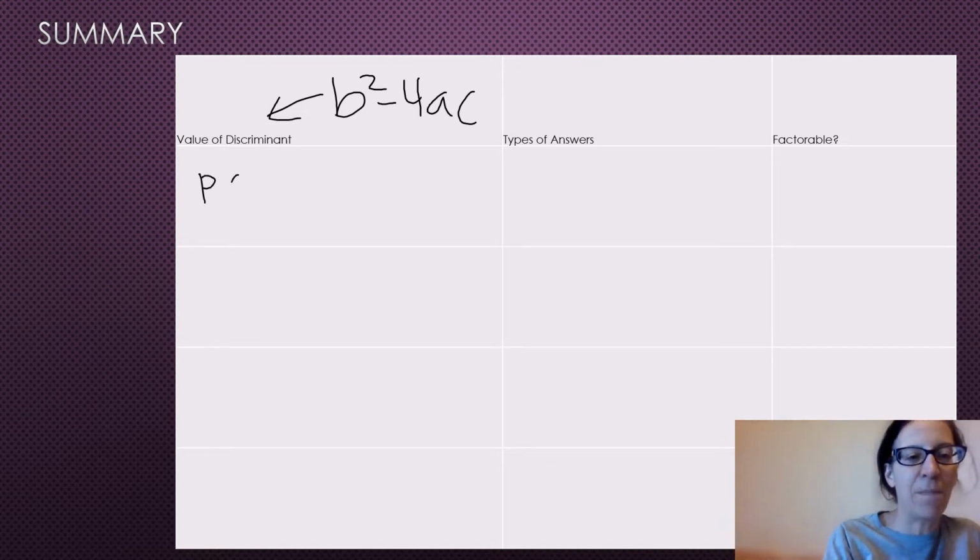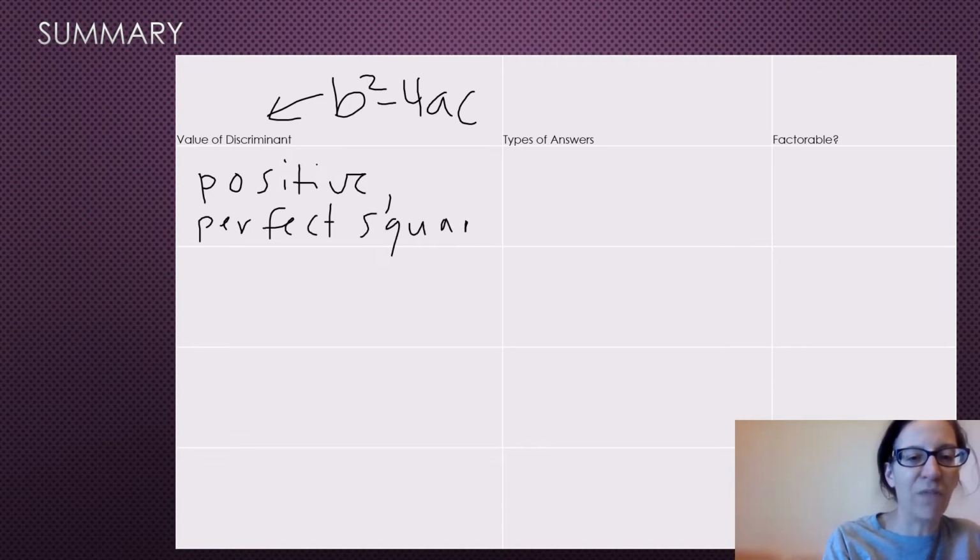It can be positive and also a perfect square. Okay, so that can be one of them. It could be, just to keep the order the same way, positive but not a perfect square.